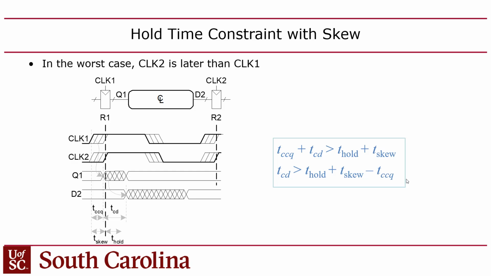The right side is the earliest you can get the data through the circuit. So the skew gets added to the right-hand side along with the t-hold, because this is defining essentially the shortest amount of time that you can contaminate. And then the two contamination delays are on the left side.